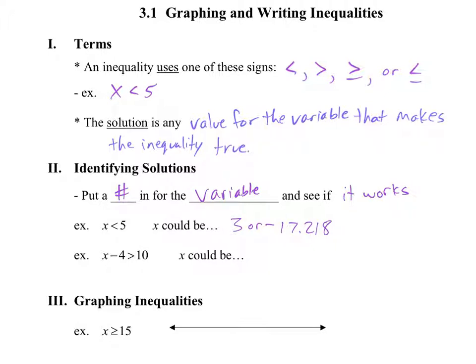Just pick some things that are less than 5. Good? So if we have x minus 4 is greater than 10, x could be 16, because 16 minus 4 is 12. 12 is greater than 10, right? Or 28, or 18, so we have different options for that, or dot, dot, dot.